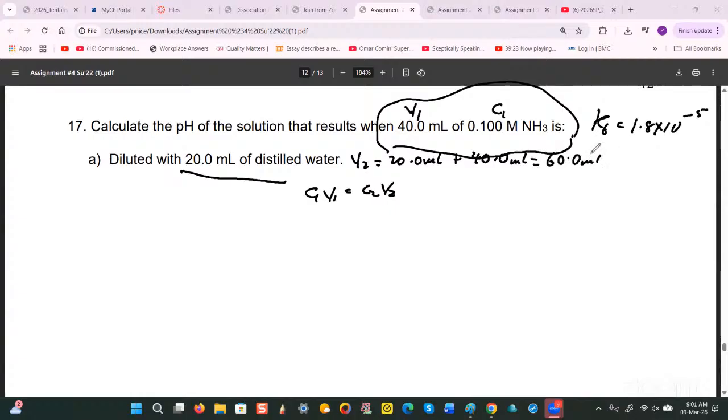So as you correctly said, you want to find C2, so C2 would be C1 V1 over V2. C1 is 0.100 M times V1, which is 40.0 mL.